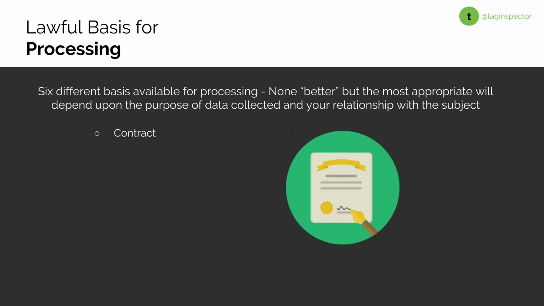So the first lawful basis for processing that you can use is a contract. So if the processing of personal data is required in order to be able to fulfill a contractual obligation, or because the subject has asked you to do something before entering into a contract, an example might be providing a quote, then that would constitute a lawful basis for processing.